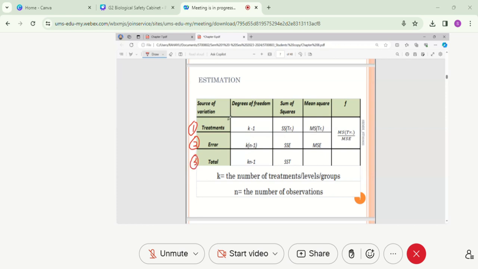From the treatment means between the treatments, error within the treatment, regardless of the treatment. Between the observation and the grand mean. Grand mean means the average of all the observations regardless of the treatment.